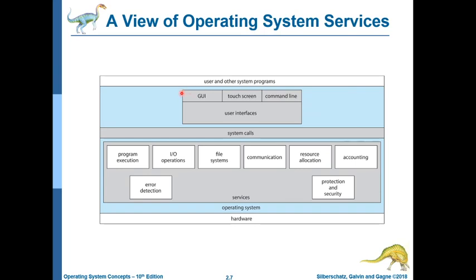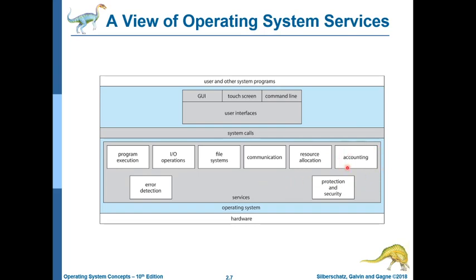We interface with it through the user interface, which is a GUI, touchscreen, or command line. There are libraries that interact with the operating system, through system calls, which allow programs developed by users to access lower level services, for example IO operation, file system, communication, resource allocation, accounting information.